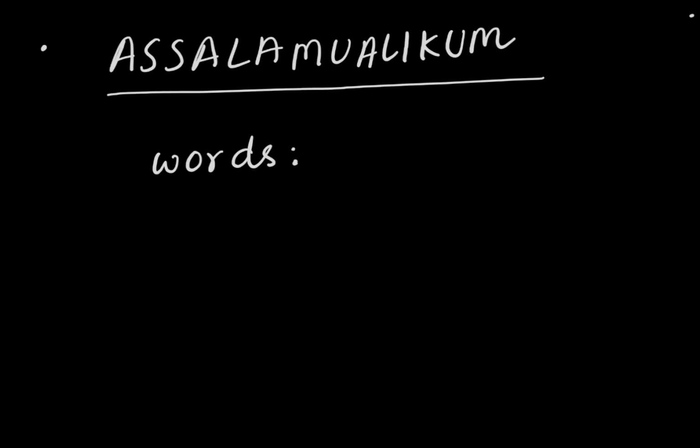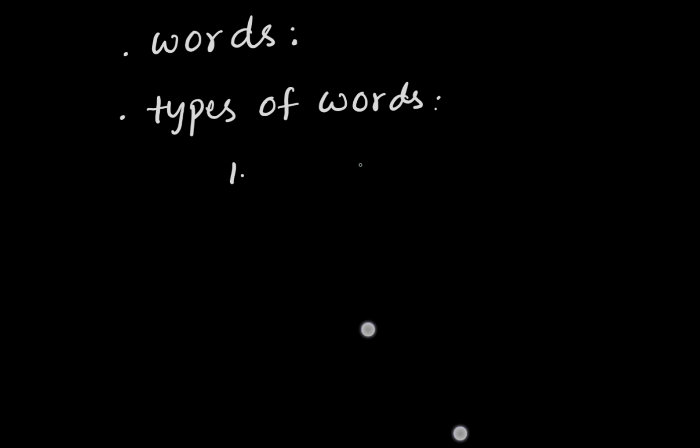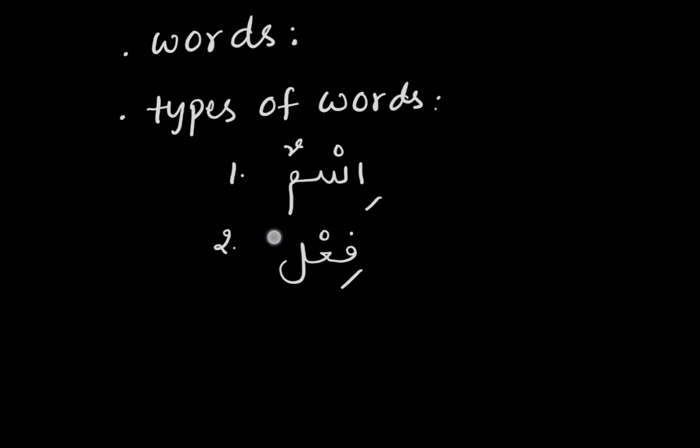In today's lesson, we will learn about words. Last class, we studied the types of words, and they are: the first one is ismun, that is noun; the second one is fi'lun, that is verb; and the third one is harfun, that is particles.